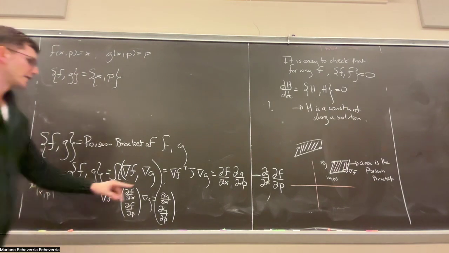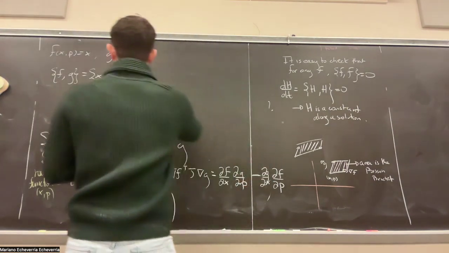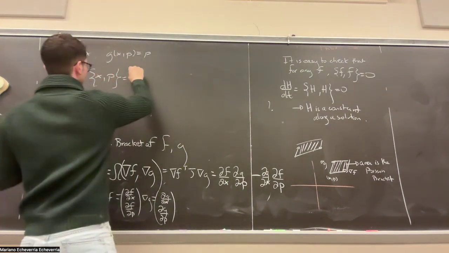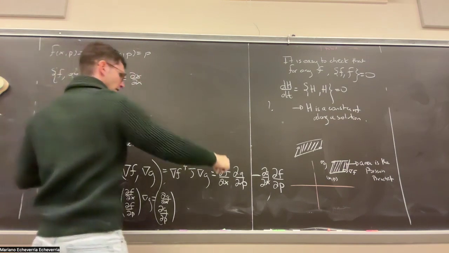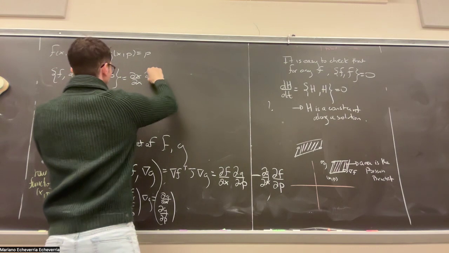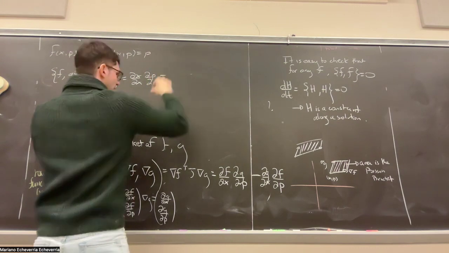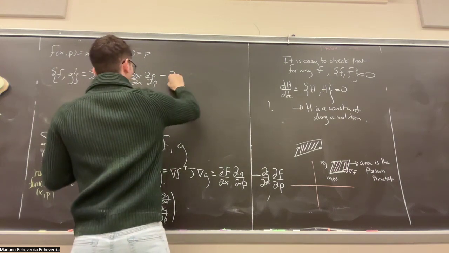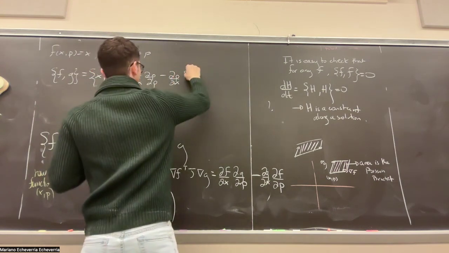Just replace f with x. So you get the partial of x with respect to x times the partial of g, but g is p, so you get the partial of p with respect to p, minus the partial of p with respect to x times the partial of x with respect to p.